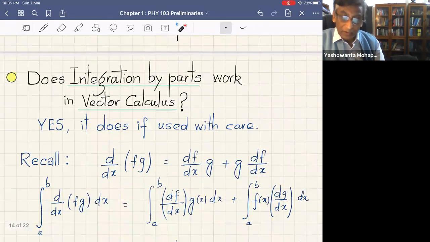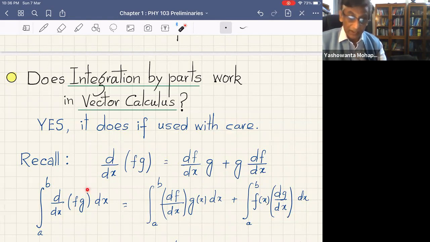Recall that the integration by parts that we know in one-dimensional calculus is based on this rule. That is, if I take d by dx of two functions f and g, then this is df by dx times g plus f dg by dx. If I integrate this, I get one integral with df by dx times g, the other is f dg by dx.